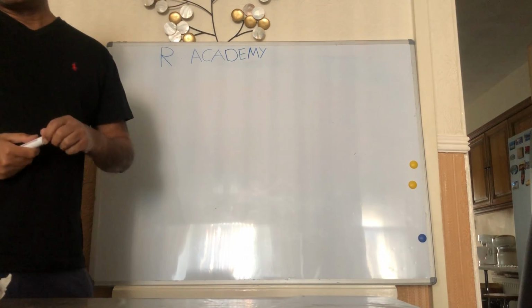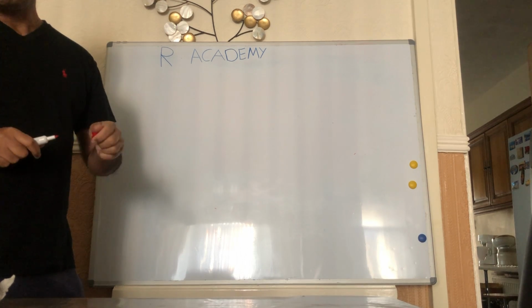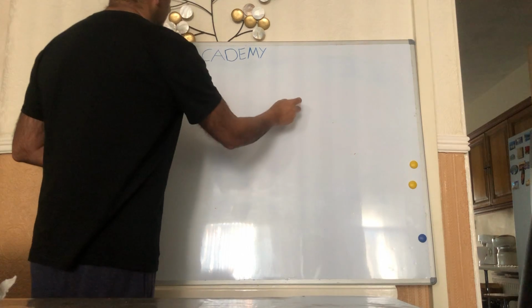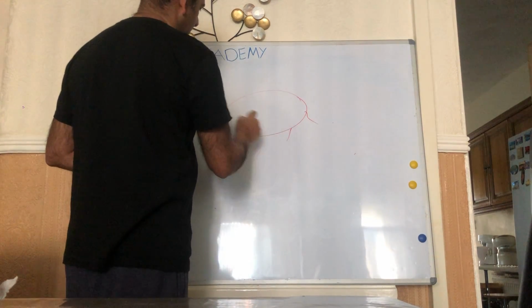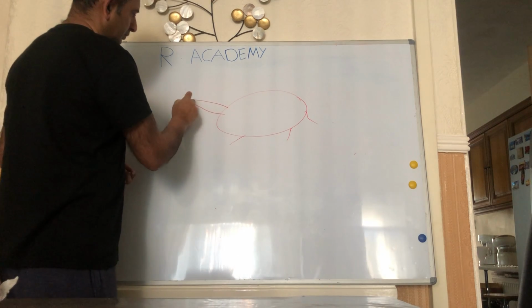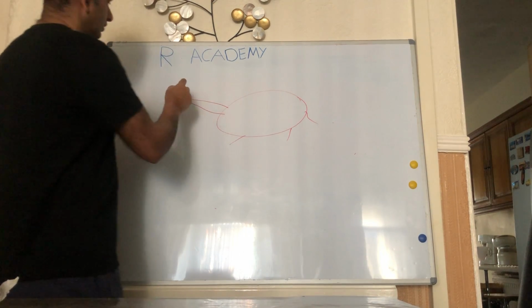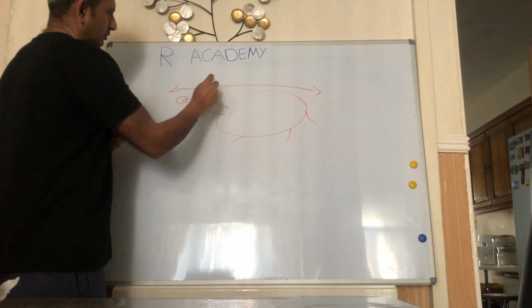Okay, moving on, a typical question you might have is a dinosaur, a nice big dinosaur. The length of this dinosaur is 300 centimeters.